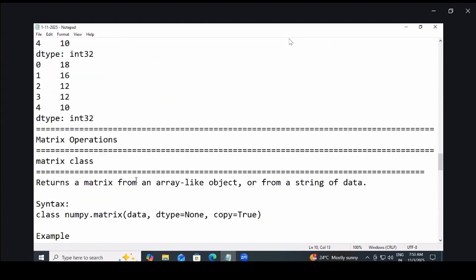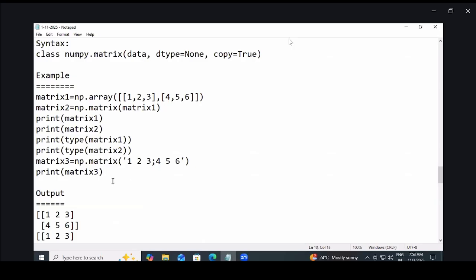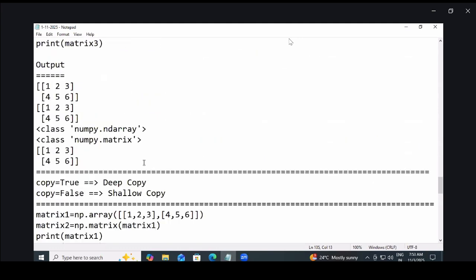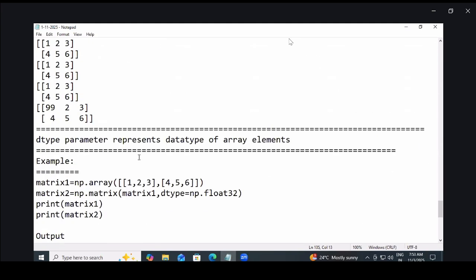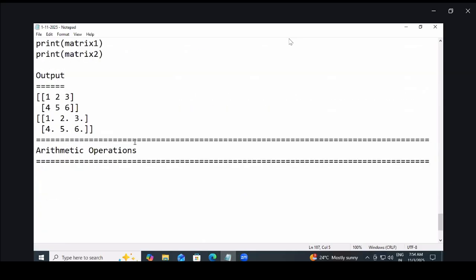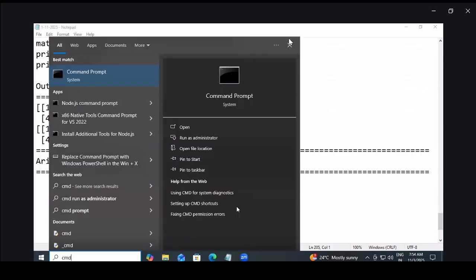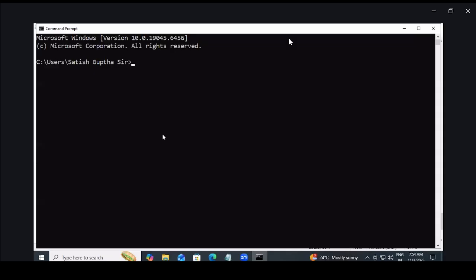After this, we saw how to perform matrix operations. I explained the matrix class, how to work with it, and then we saw data type parameters and did some arithmetic operations. Now see, these are the arithmetic operations you can perform on a matrix.